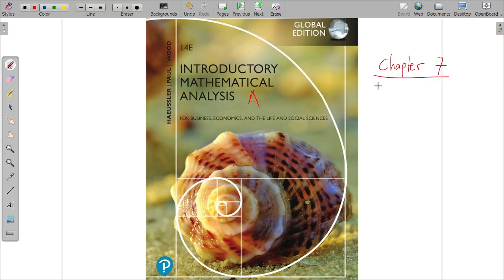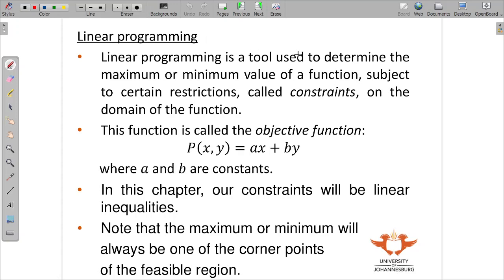In Chapter 7, we were able to cover linear inequalities, and also systems of linear inequalities. Alright, we continue with it by going into linear programming proper.